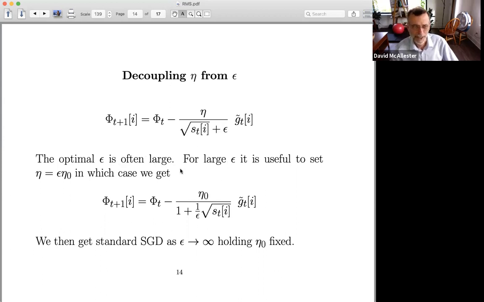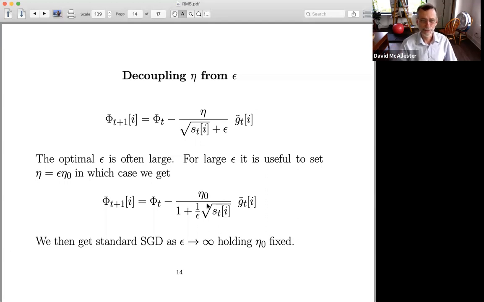And for large epsilon, it is useful to reparameterize this by taking eta equals epsilon times some eta 0. And if you reparameterize it this way, then this equation can be rewritten like this. And the advantage of rewriting it this way, with eta defined slightly differently, is that if you take epsilon to infinity, such that this becomes small, this reduces to standard SGD while holding eta naught fixed, right?